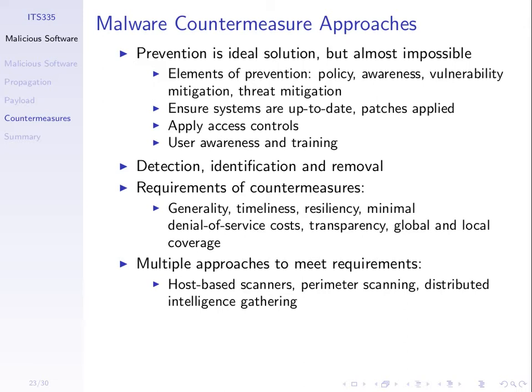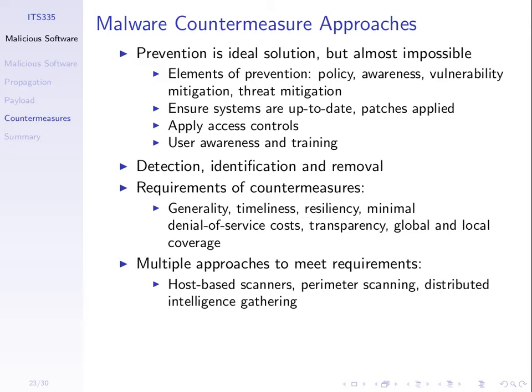Vulnerability mitigation. A lot of the malicious software takes advantage of the fact that your computer has existing bugs, vulnerabilities. So make sure that those bugs or vulnerabilities are not present or as minimal as possible. That includes making sure computer systems are up to date, especially operating systems and software.